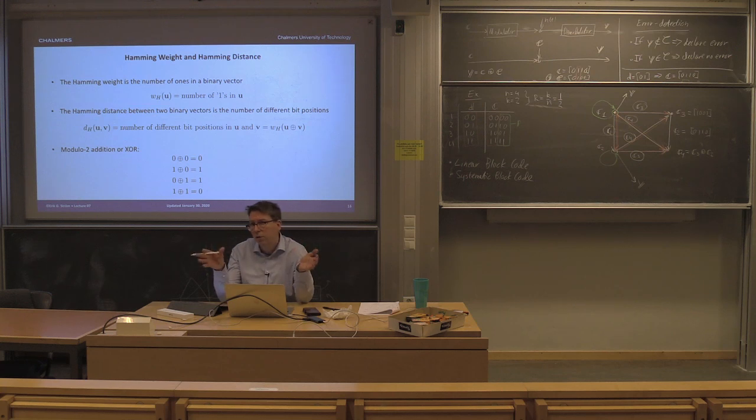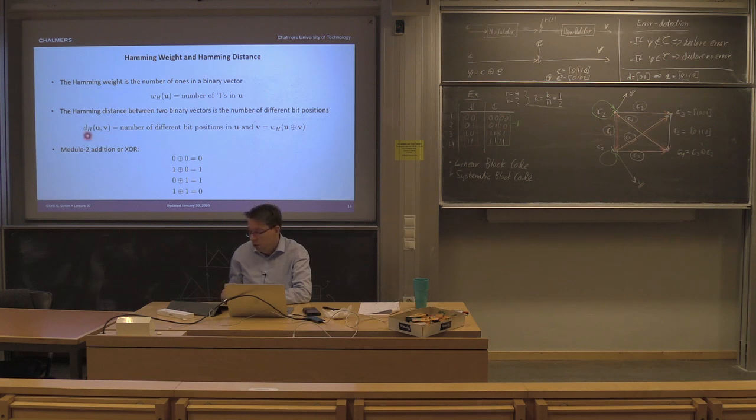If you have a vector of elements, the Hamming weight is the number of non-zero elements in that vector. So the Hamming weight is the number of ones in a binary vector. So W_H for weight, Hamming, of the input vector u, is the number of ones in u. Okay, very simple.